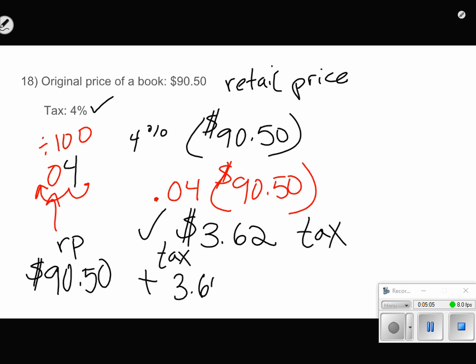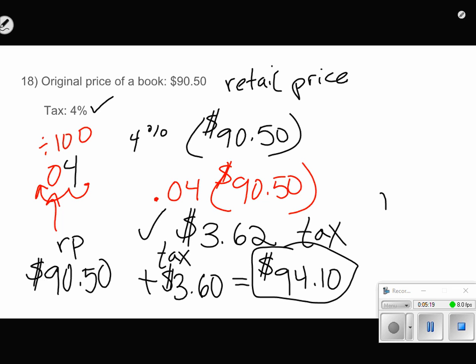So you add that on to the original price. And then we're going to go ahead and take the $90.50, add the $3.60 to get our sum of $94.10. And we can label this as our total, or you could also say that is the gross amount that you're going to pay.